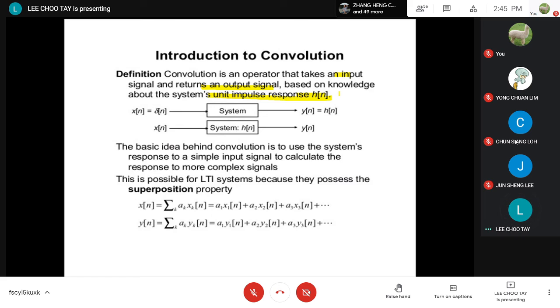So what we need to do is know the unit impulse response. We send a unit impulse into the system as input, and then we look at the output. The output we call h[n], which is the definition of the unit impulse response of the system: how the system responds to an input impulse.